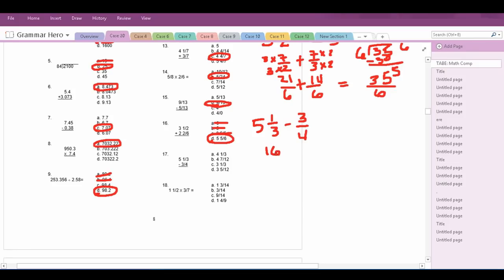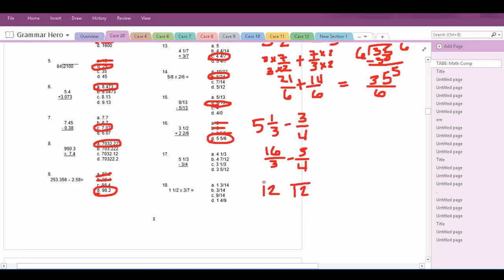This becomes 16 over 3 minus 3/4. Again, these don't have the same denominators, so we can't just simply subtract and be done with it. We have to get these both over a common denominator, which is going to be 12.